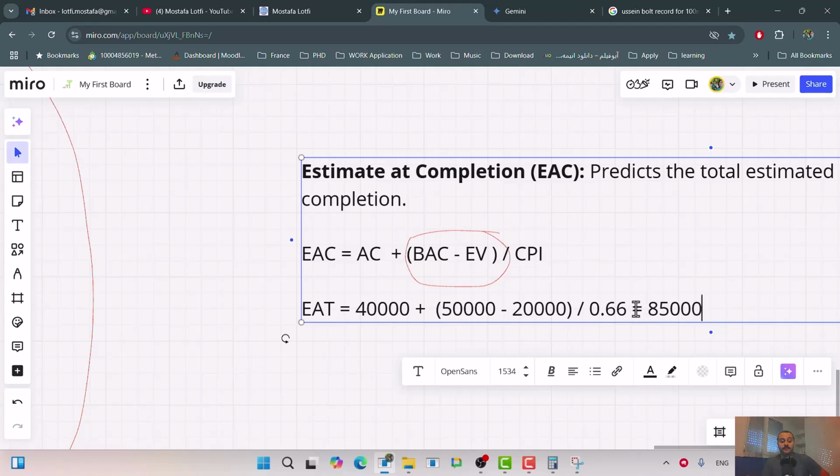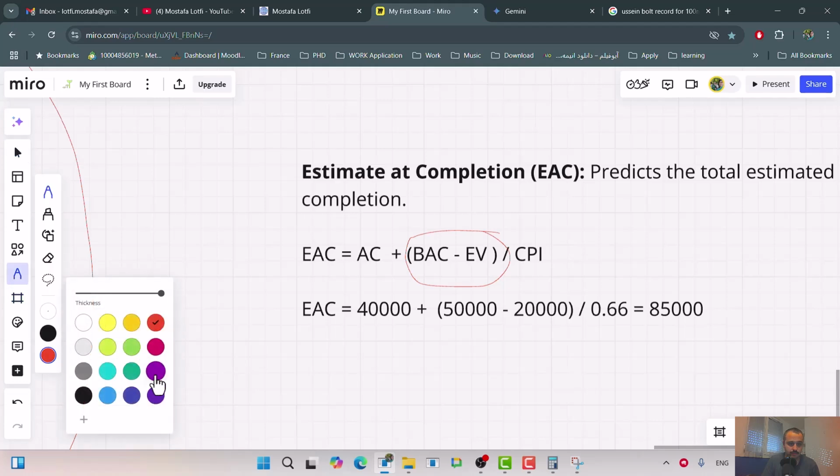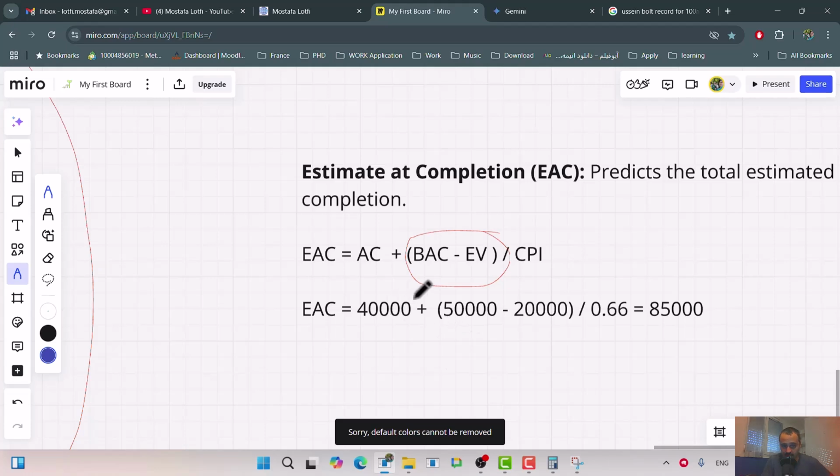So what, sorry, it's EAC, my bad. What EAC is saying, EAC is saying so far here, let me highlight this one. EAC is saying so far you spent actual cost, you spent 40,000.